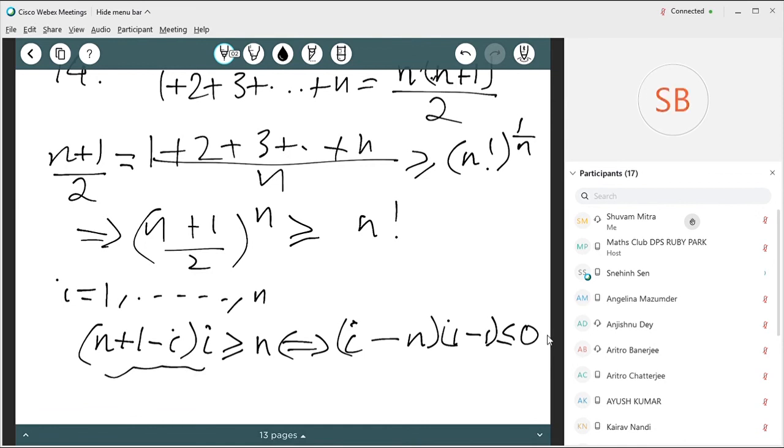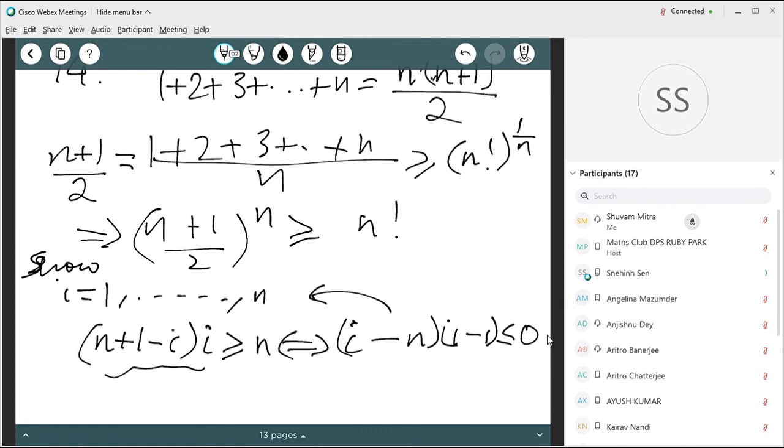Can you explain again? Yeah. I didn't understand from i equal to 1. Show that if i is any one of 1 to n, then n plus 1 minus i times i is greater than or equal to n. Equivalently, this is equivalent to showing that i minus n times i minus 1 is less than or equal to 0.